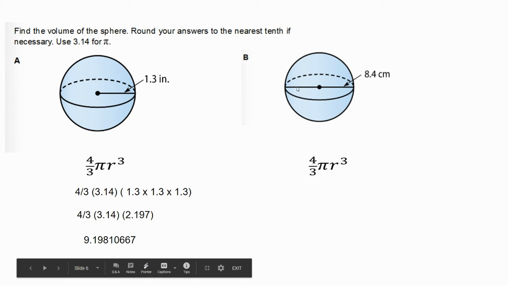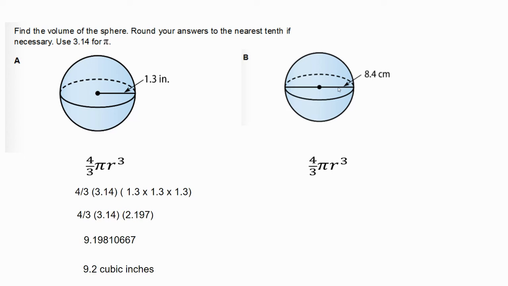All right, so now over here, if I'm looking at sphere B, I have a diameter that is labeled 8.4 centimeters, but remember I need to get to my radius, so I have to take this and divide it by 2. So 8.4 divided by 2 would get me to 4.2. So now how I would set this up would be 4/3 times 3.14 for pi, and then I have 4.2 times 4.2 times 4.2.